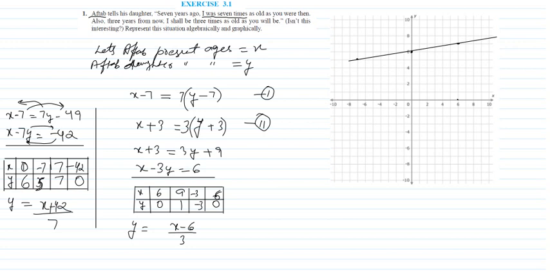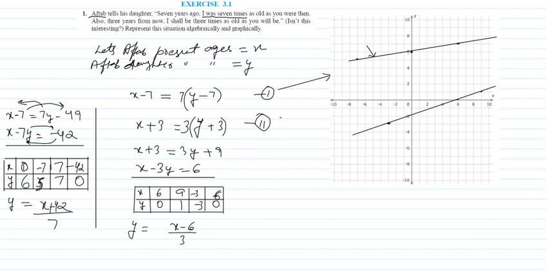So this will be the point. Minus 3 and minus 3, so this will be the point. Okay, so we can try to connect these 3 points. So this is how we need to represent them algebraically and graphically.